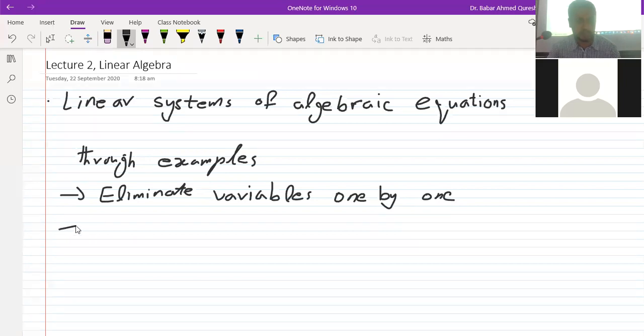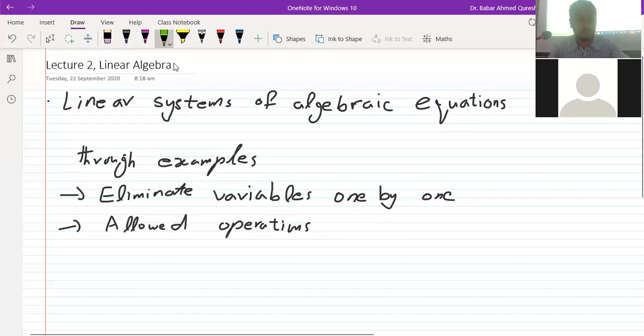And how can you do it? By doing some allowed operations on your equations. What are those allowed operations? Well, you all know what you can do.